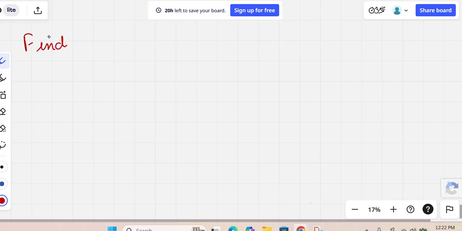Find the 31st term. This is again an AP question.